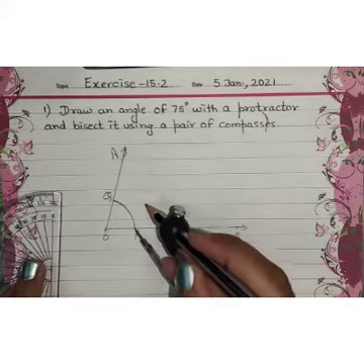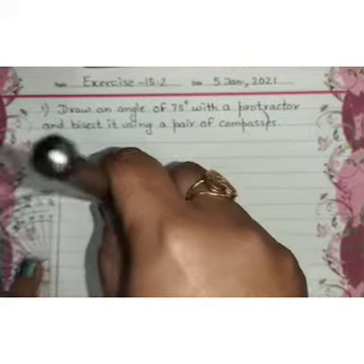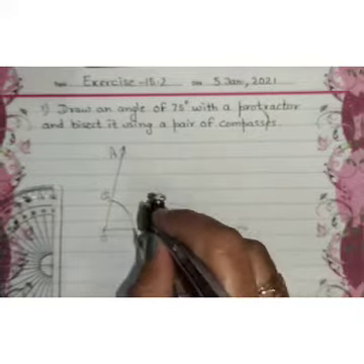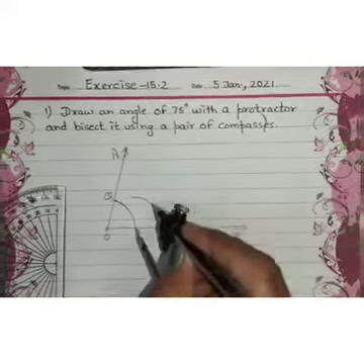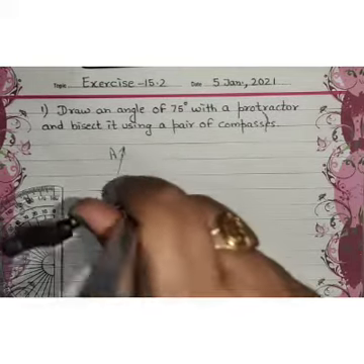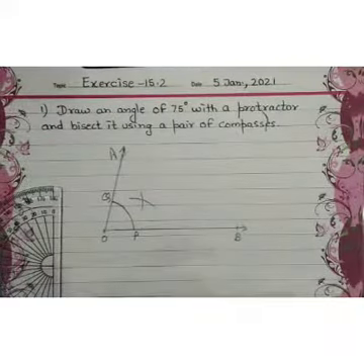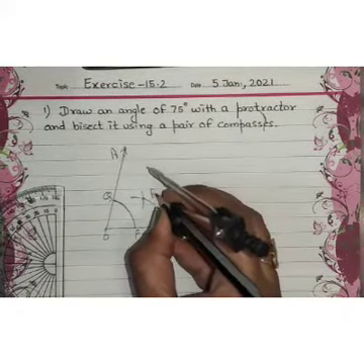So with center P and radius equal to more than half of PQ, we draw an arc. Similarly, with center Q and same radius, we draw another arc. These two intersect at R point.